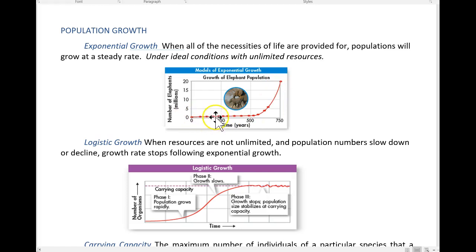So here is exponential growth that represents the J-shaped curve. It's the number of elephants, and it's in millions, versus the growth of the population and the time in years.